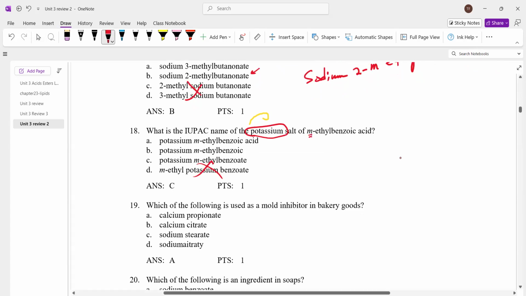Remember, that's meta. So it's going to be potassium. And because it's a salt, it's not going to have the OH. Not these two.